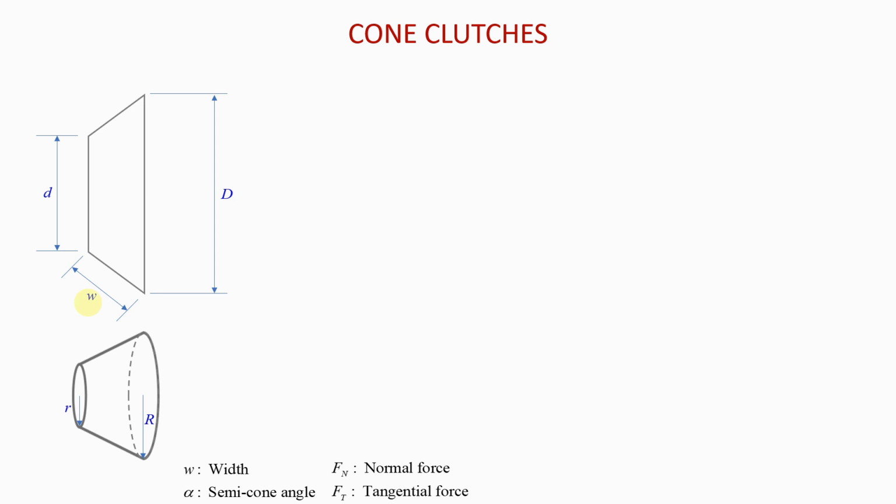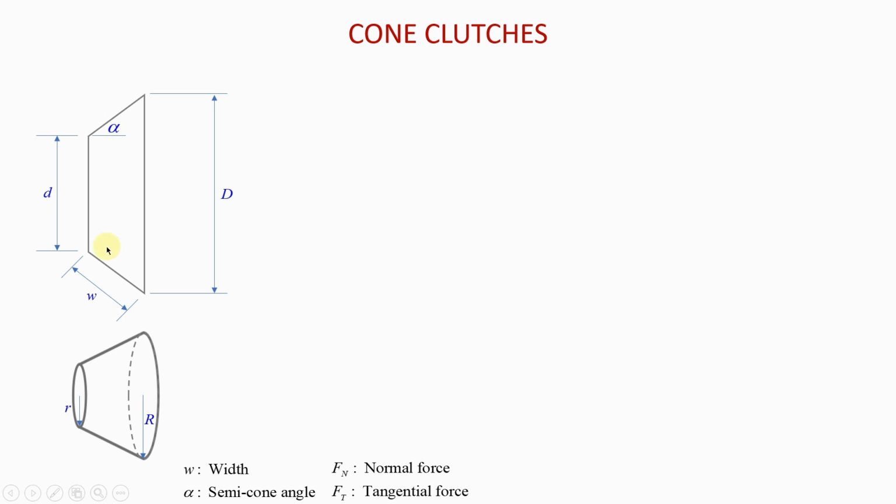Very important. You also have another important geometrical feature of the cone, and that is that angle there. This is what is called the semi-cone angle, alpha. It is basically half of the included angle of the cone.